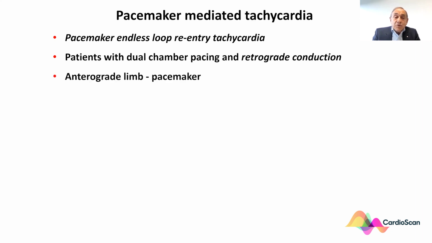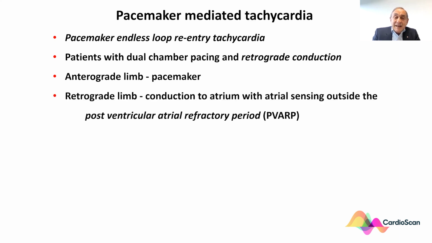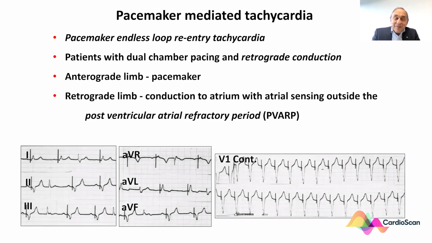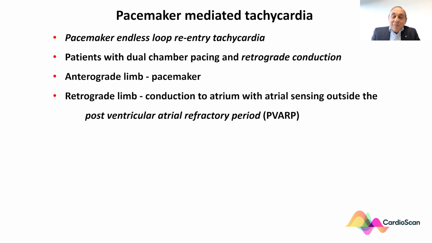The anterograde limb is the pacemaker, and the retrograde limb is conduction back to the atrium from the ventricle with atrial sensing outside the post-ventricular atrial refractory period, or the time when the atrium is refractory. Apologize for that. I meant to say the atrium is refractory.